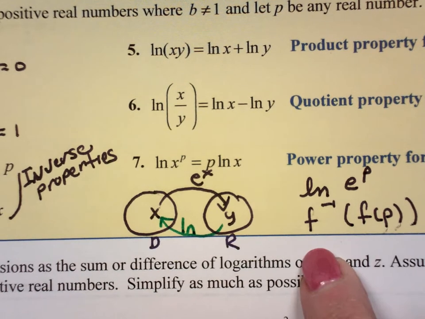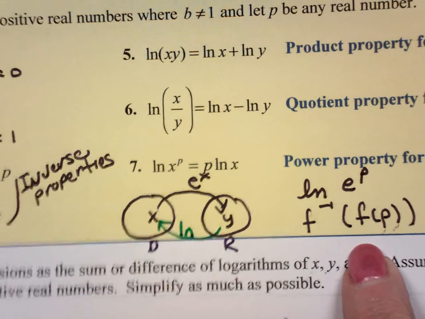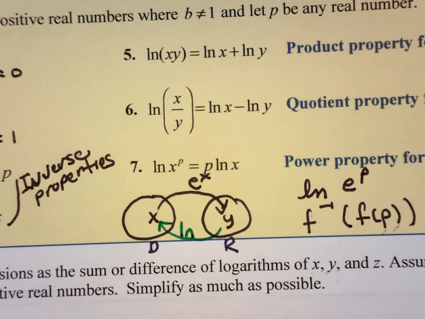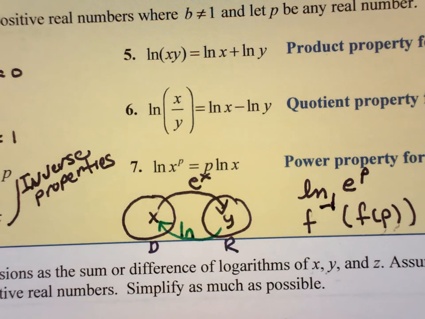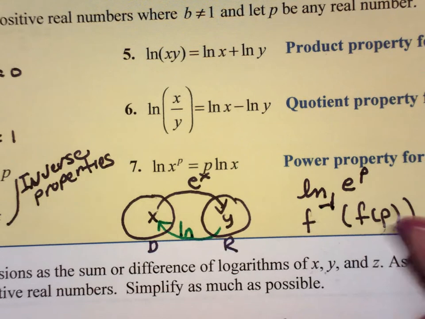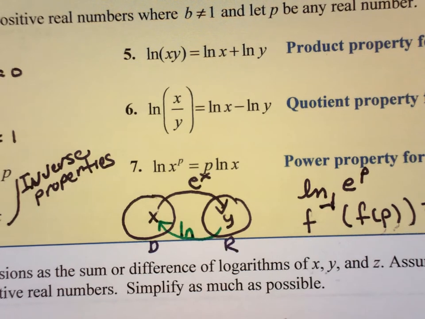Now, what do we know about the inverse and the function? Where do you always end up? Where you started. In this case, I started at p, I end up at p, because f inverse and f cancel each other out.